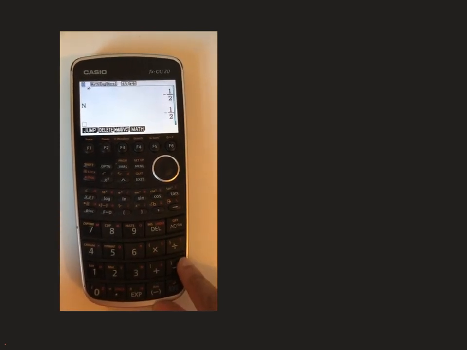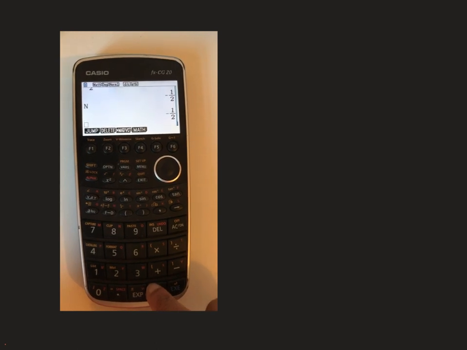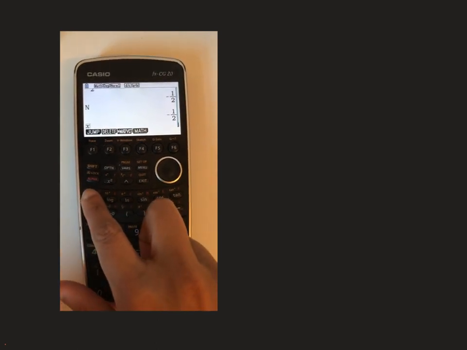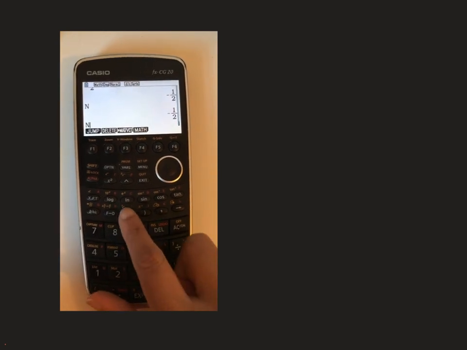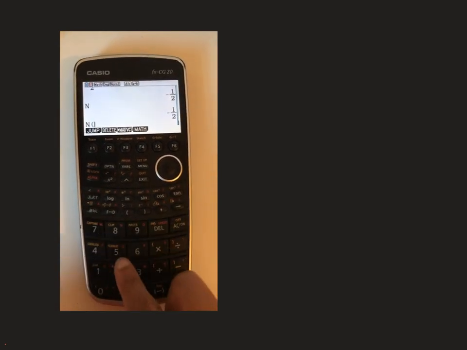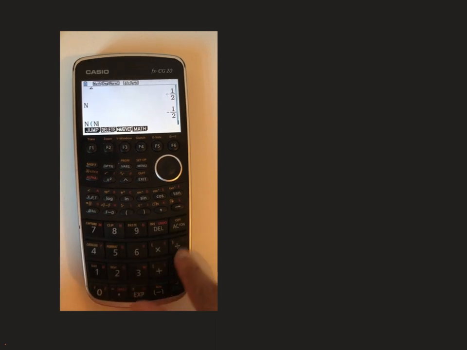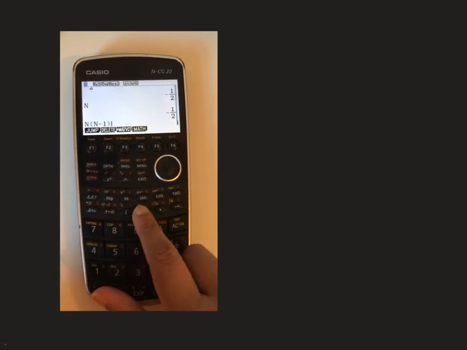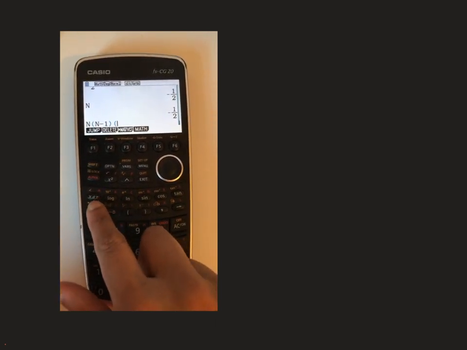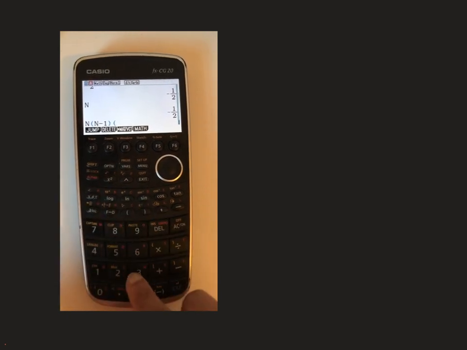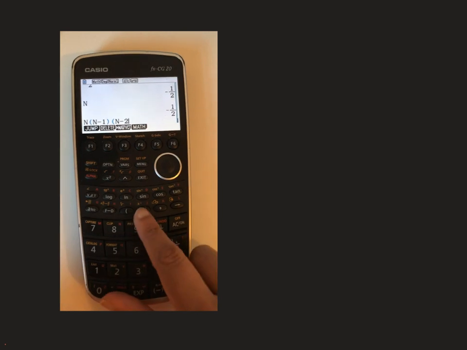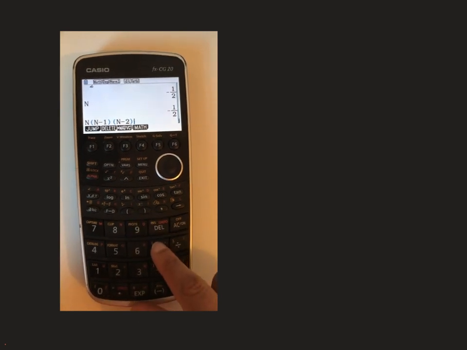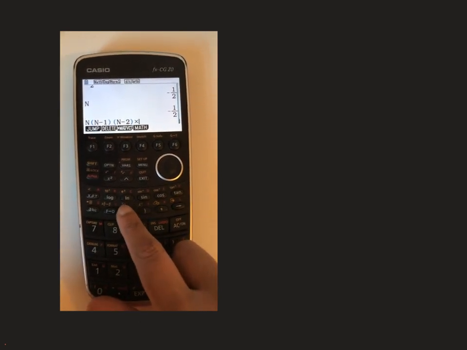Now every time I want to use my value of n, I press alpha, I press n, and there it is. So if I want to input the calculation, which was n multiplied by n minus 1, close bracket, multiplied by n minus 2, which I had up on the screen a minute ago, and then that was multiplied by 6x all cubed.